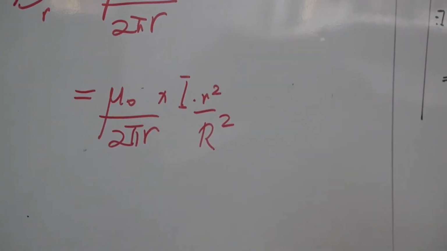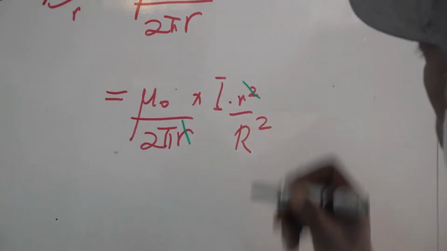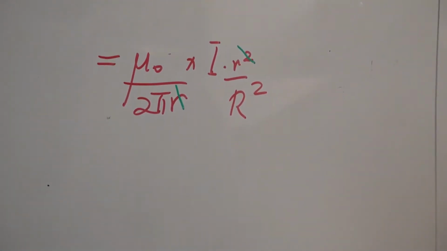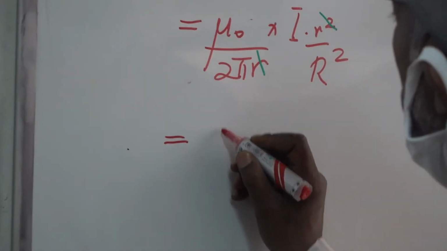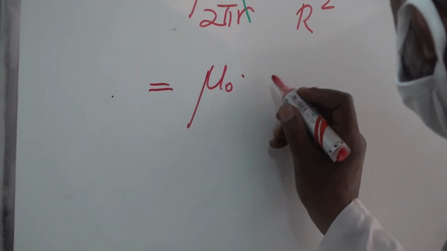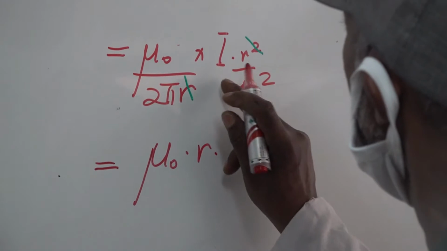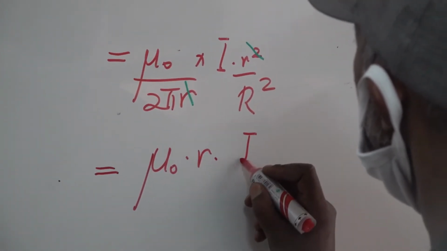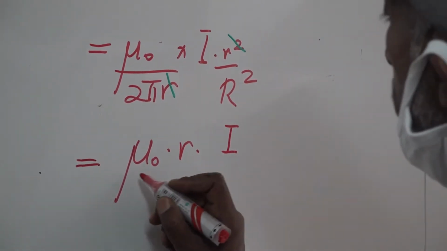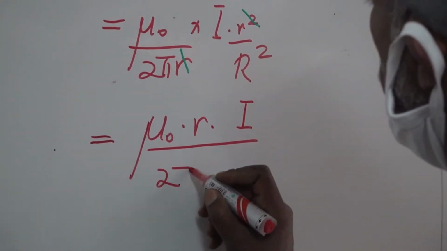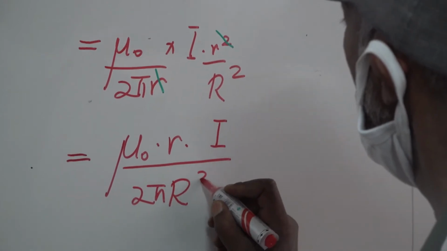Now you can see this small letter r cancels one of the r's over here. And at any distance then, B equals mu 0 times I, the total current, which is a constant. What can change is only your distance from the center of the wire, divided by 2 pi R squared.